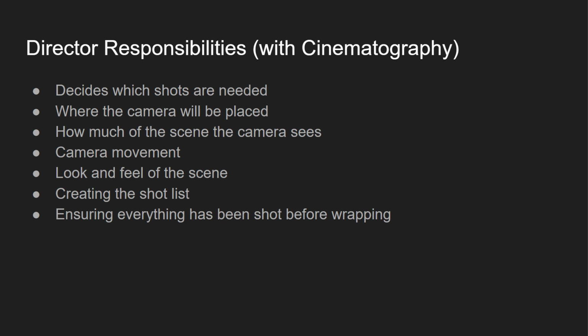They think about where the camera will be placed and how much of the scene the camera sees. Does the camera see everything, or is it all encompassed in a very tight shot? They think about and discuss camera movement, and they have an idea of the look and feel of the scene. The director or someone from the director's team is responsible for creating a shot list.